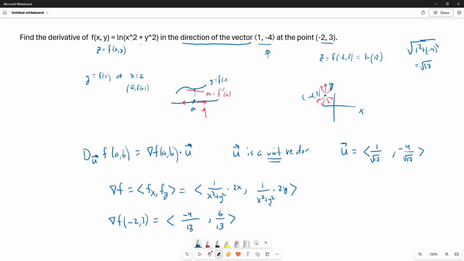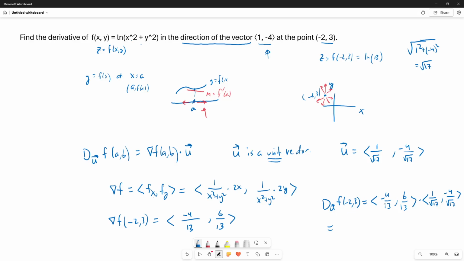So finally, the derivative of our function at the point (-2, 3) is the gradient ⟨-4/13, 6/13⟩ dotted with this unit vector, ⟨1/√17, -4/√17⟩.